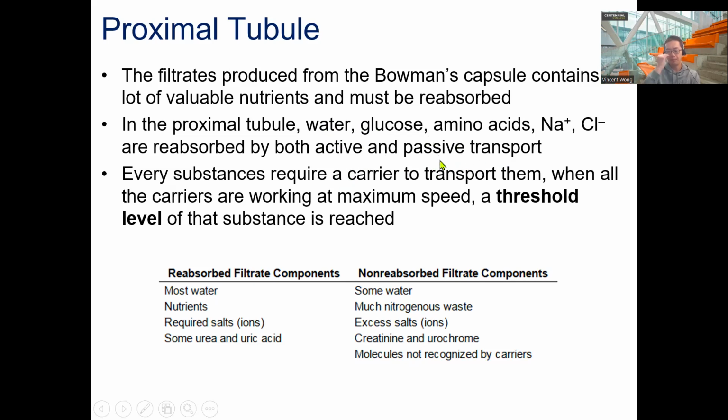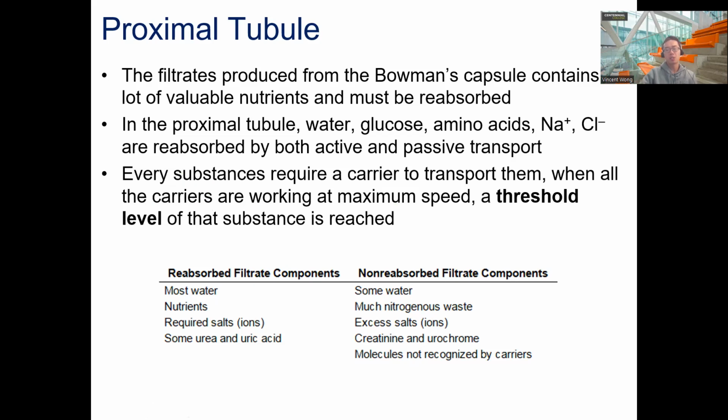But whatever you're absorbing, perhaps with the exception of water, everything else that you absorb at the proximal tubule will require a carrier protein, some kind of transport protein, to facilitate the process. And for that reason, if the carriers are all working at maximum speed, then they cannot absorb any faster or any further.